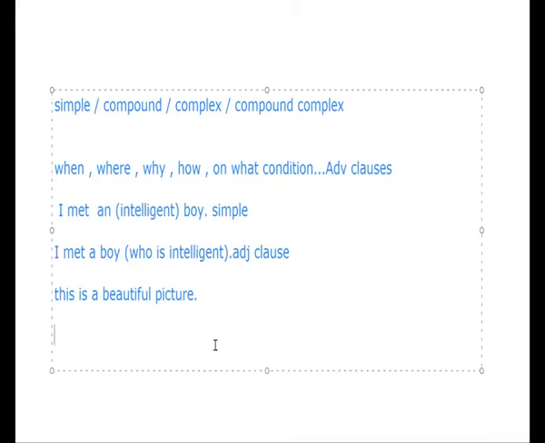Next. My doctor friend has come here. Okay, so just take 20-30 seconds and try and do on your own, and then I'll give you answers.